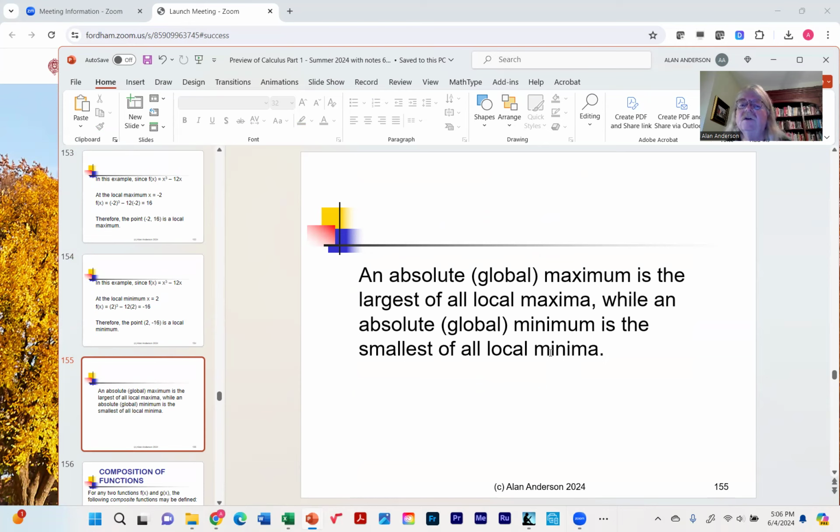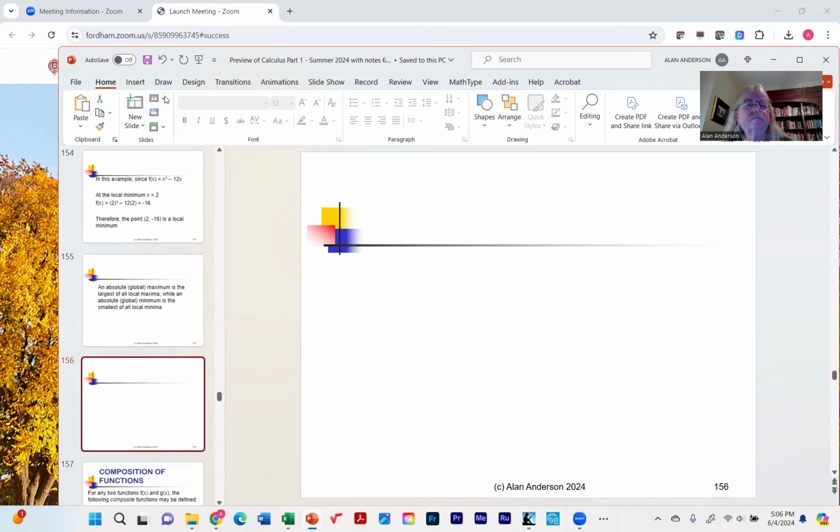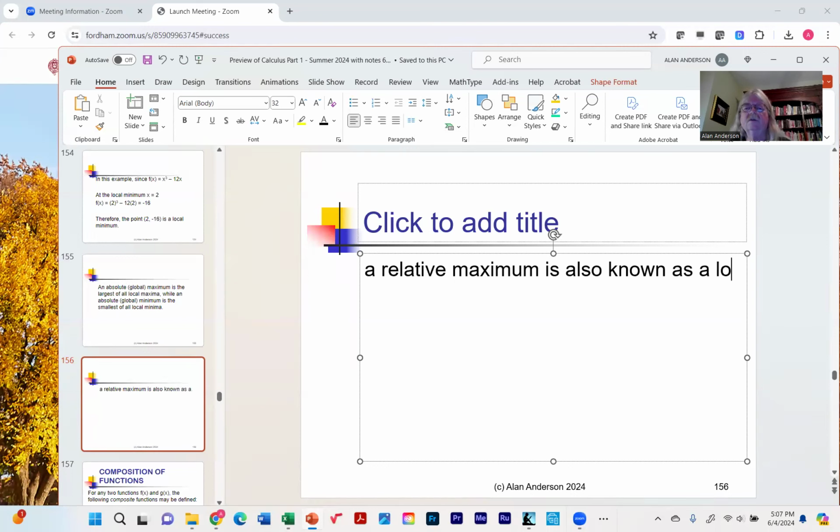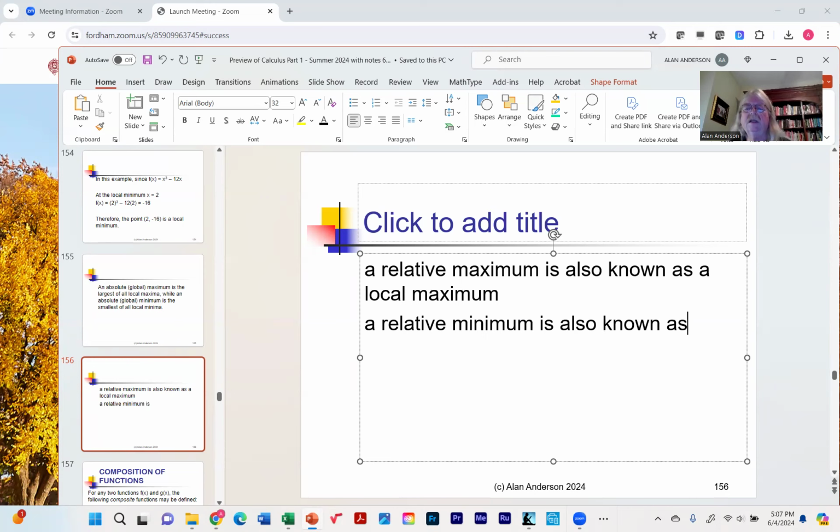Okay, maybe I'll put together a little chart here. A relative maximum is also known as a local maximum. A relative minimum is also known as a local minimum.